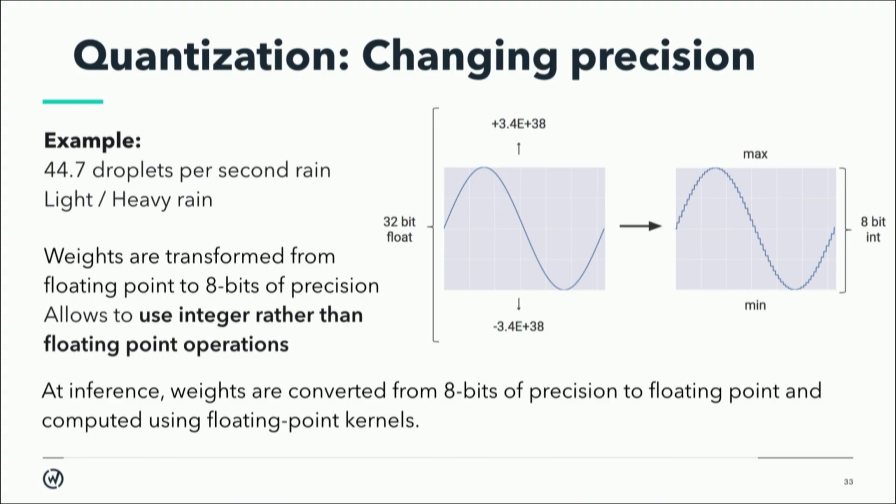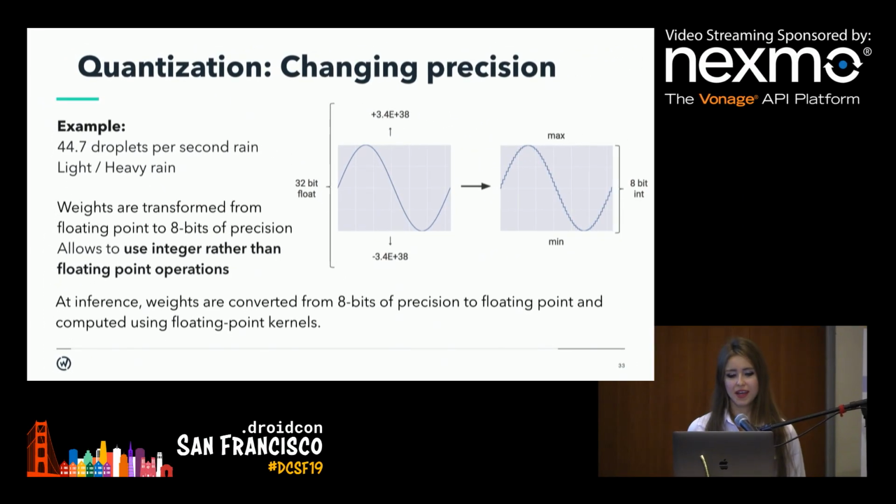Now let's talk about how we can optimize the models for mobile devices. One of the really common techniques that's being used is quantization. That basically means that we're going to be changing the precision of our machine learning model. I think a really good example is a weather forecast. Say, for example, you're looking at the forecast and you see that it's going to rain.